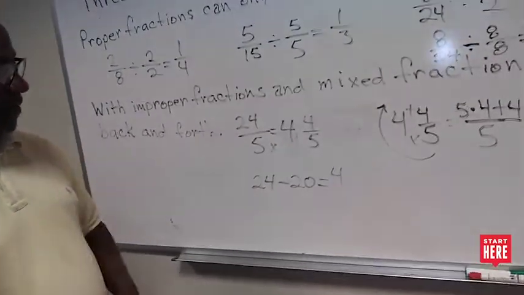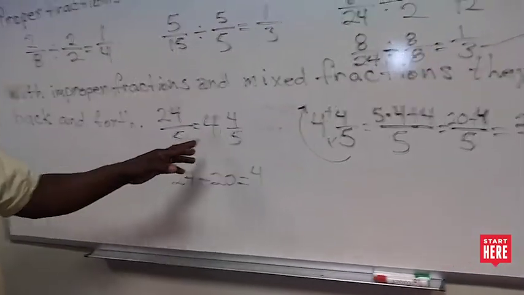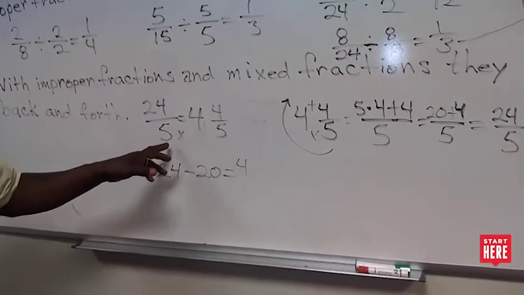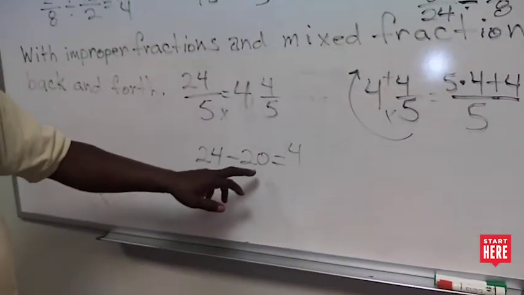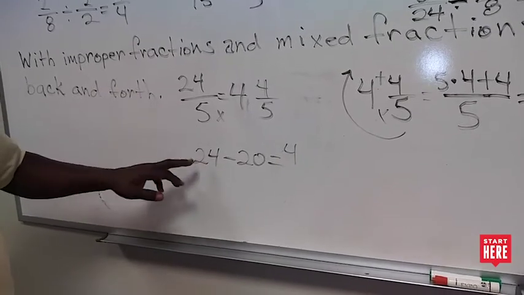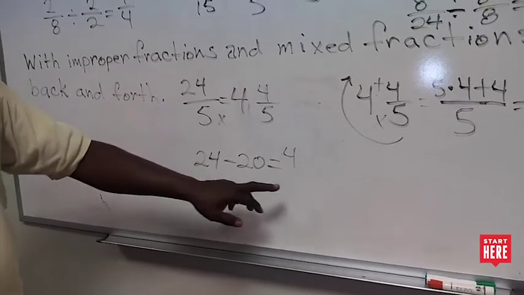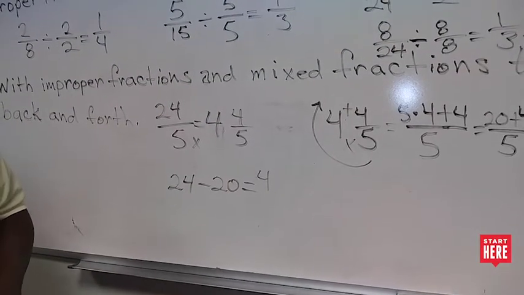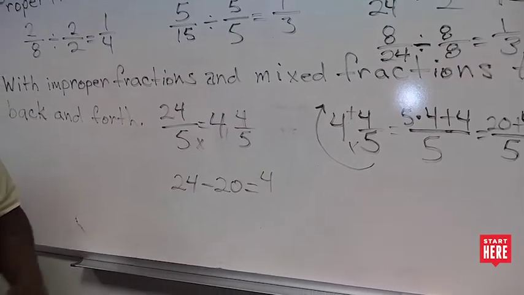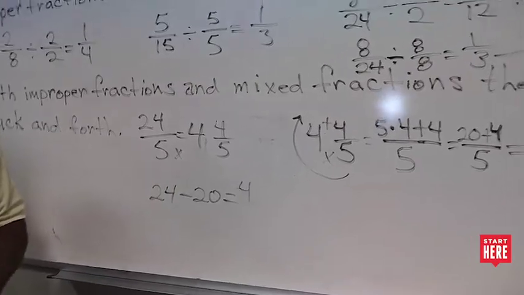Then we're going to multiply the denominator by the whole number, which is going to give us 20, and we're going to subtract that from the numerator. 24 minus 20 is 4. This answer becomes the new numerator. We bring the 5 over, 4 and 4/5.